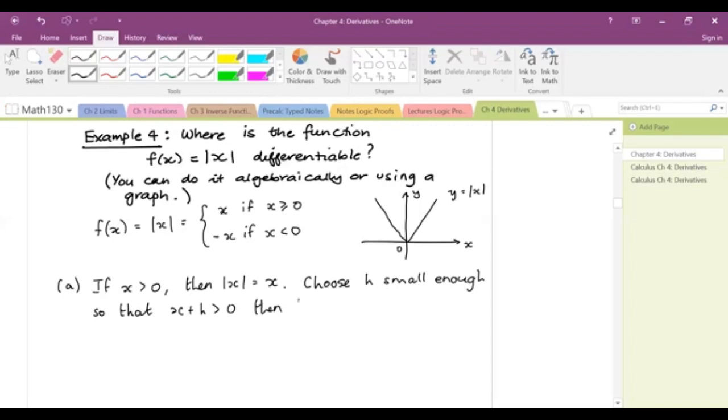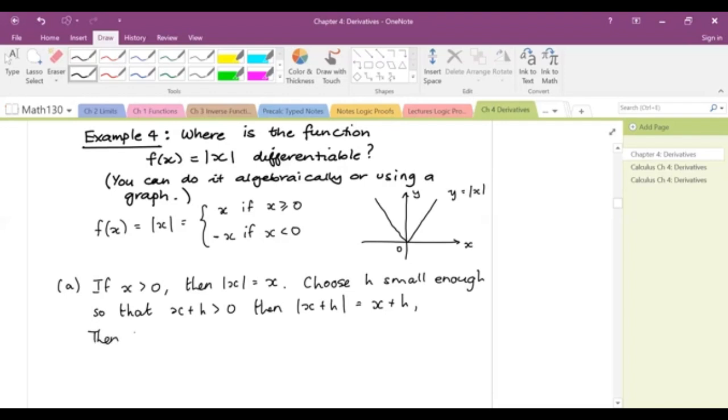Then mod of x plus h is just equal to x plus h. So if what's inside is positive, then mod of x plus h is just equal to x plus h. So we can choose h small enough to ensure that x plus h is positive.